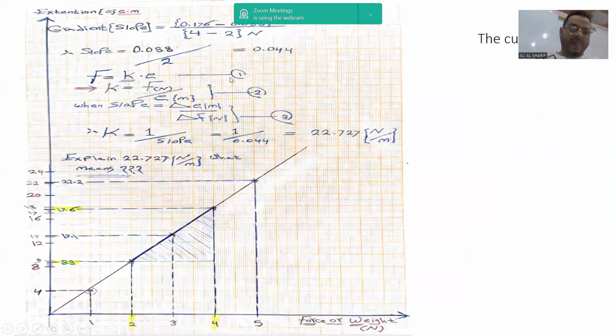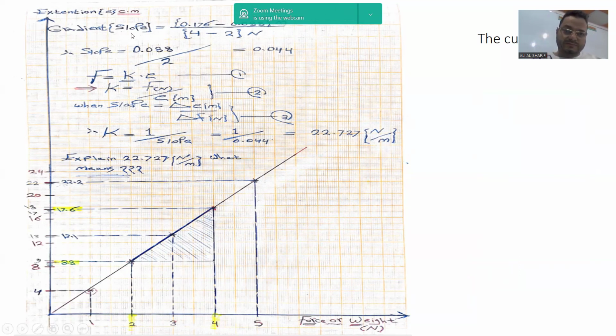Here, extension at the y-axis, weight or force in Newton at the x-axis. Actually, I took a picture of my notebook because I think it will be easier for you to know how you can divide this paper by plotting the x-axis and y-axis.